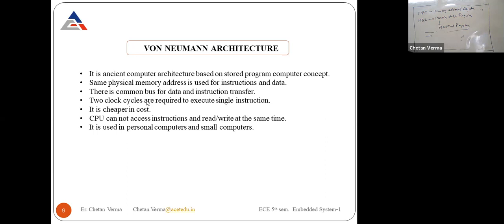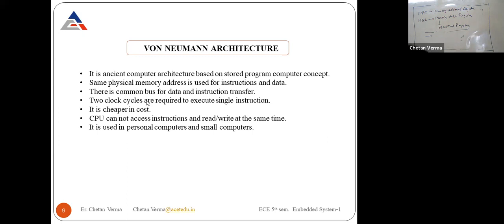Next one is serial instruction processing. Serial instruction processing does not allow for the parallel execution of the program. Parallel execution must be simulated later by the operating system. Means there is no pipelining available in von Neumann.